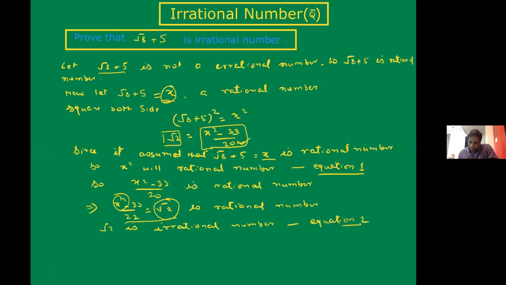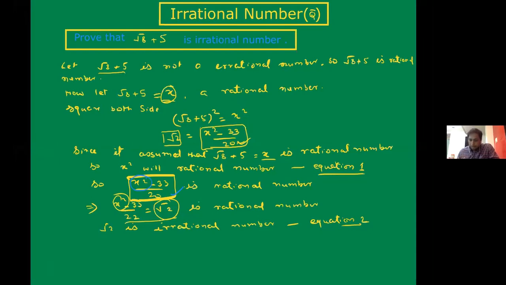Because if I consider this number is the rational number, the value of this number is coming √2, which is irrational. That means this number itself is irrational somewhere, right? So our assumption is wrong. So x square is somewhere an irrational number, or x is an irrational number.